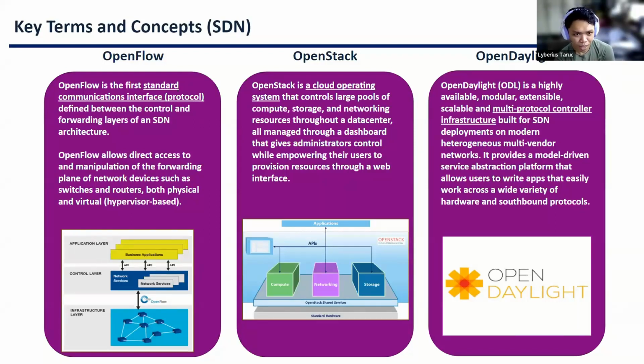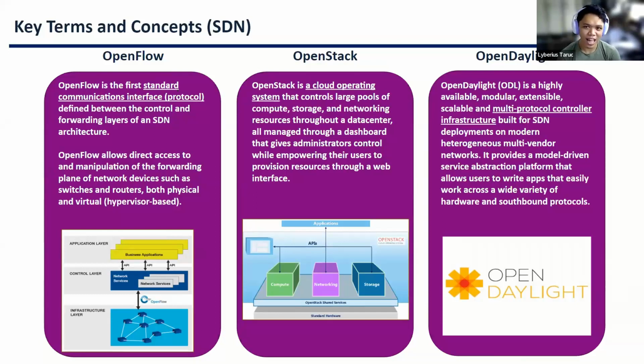It allows direct access to and manipulation of forwarding of network devices such as routers and switches, both physical and virtual. So OpenFlow as a protocol has the capability to route configurations to both physical switches and even virtual switches. So OpenFlow is a protocol.